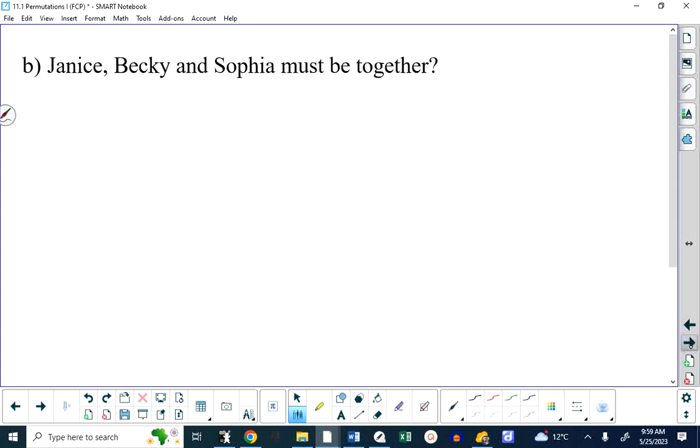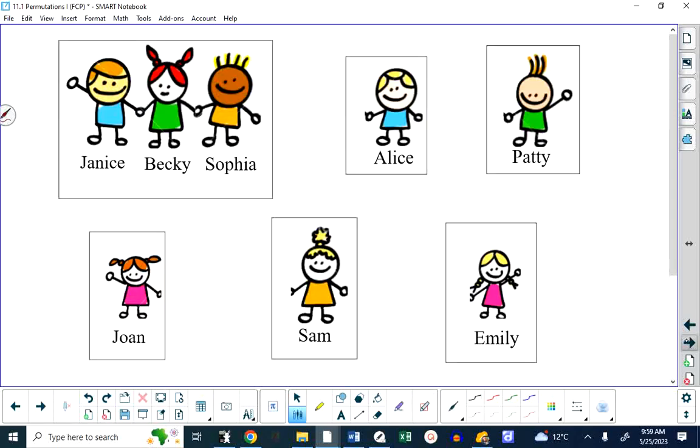What if Janice, Becky, and Sophie must be together? Well, maybe I do have it here. I do. There they are. And sometimes you might need to actually draw something. It doesn't have to be a great diagram, but draw it because it's sometimes not obvious that the answer is going to be related to 6 factorial when you group 3 of them together out of 8. But when I group 3 together out of 8, I'm left with 6 items.